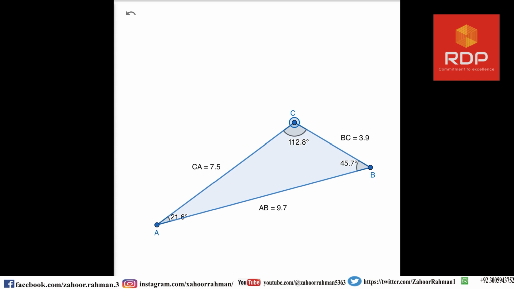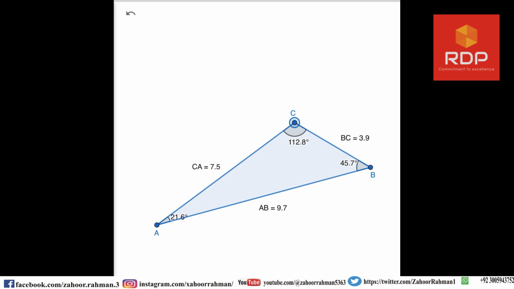Because one angle is an obtuse angle, it means that this is an obtuse angle triangle in the categorization on the basis of angles. But what about the sides? The first side AB is 9.7 and BC is 3.9 and CA or AC is equal to 7.5.